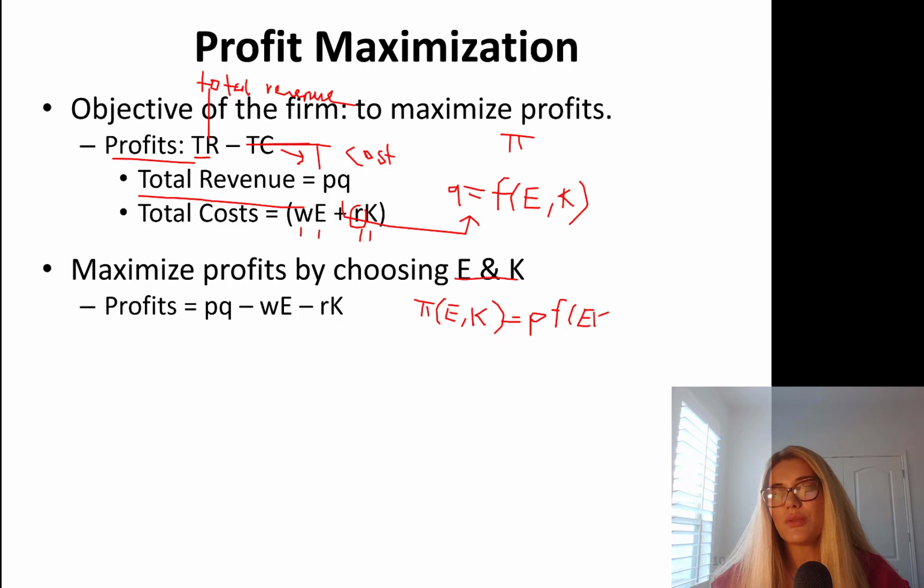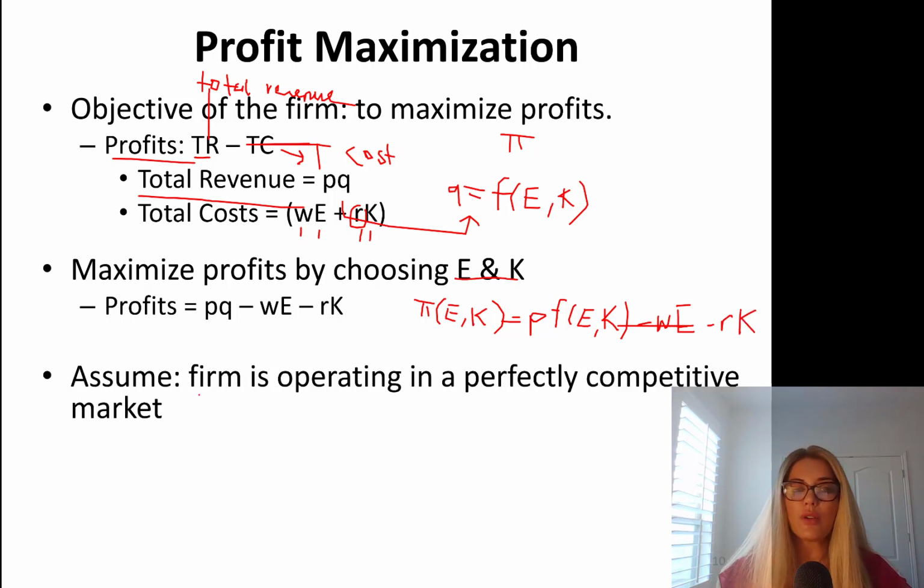For instance, do you remember the example from previous part? We actually were producing cookies and we didn't have capital, because that was a short run production function. But this is long run, minus cost of employment, workers, minus rental rate times number of units of capital.